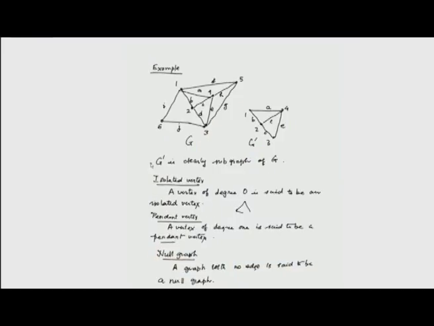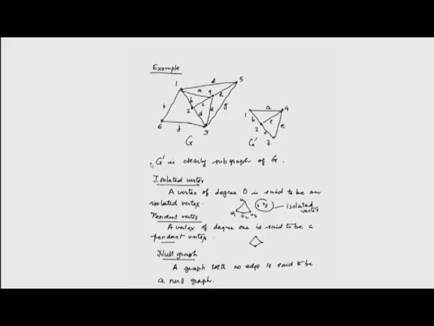Now, for isolated vertex, an example may be like this. Suppose I have a graph over here, a vertex like this. Suppose this is V 1, V 2, V 3, V 4 and a vertex is over here which is called, let us say, V 5. This V 5 will be called an isolated vertex. And a pendant vertex will be a vertex which has got only one degree.